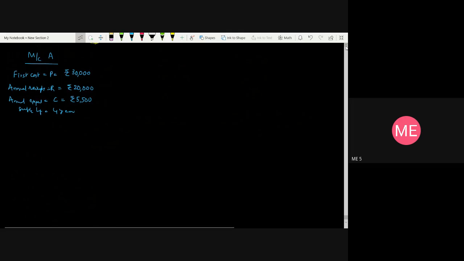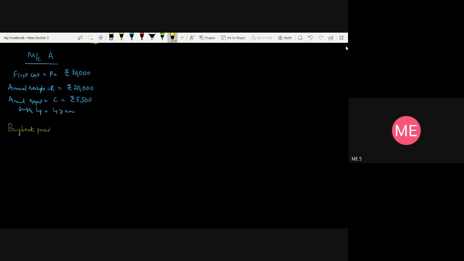So now we have the equation for the payback period for this alternative, machine A. Payback period is equal to first cost divided by net savings, that is P divided by R minus C. So what is the P value here? 30,000 divided by 20,000 minus 5,500.